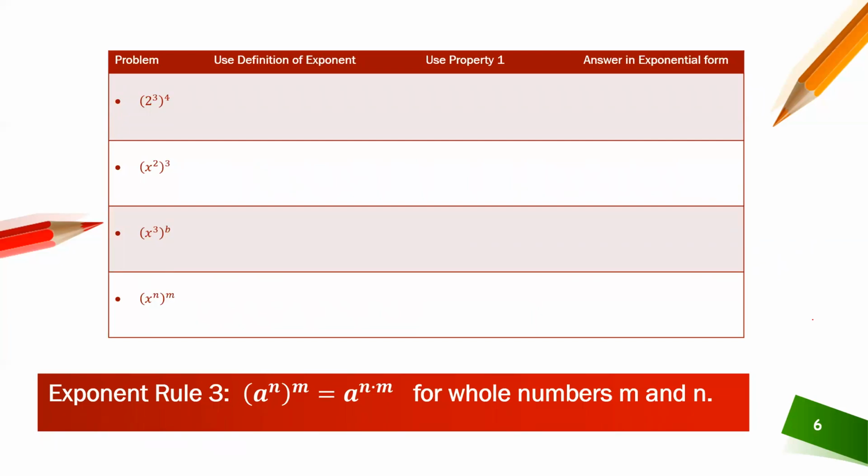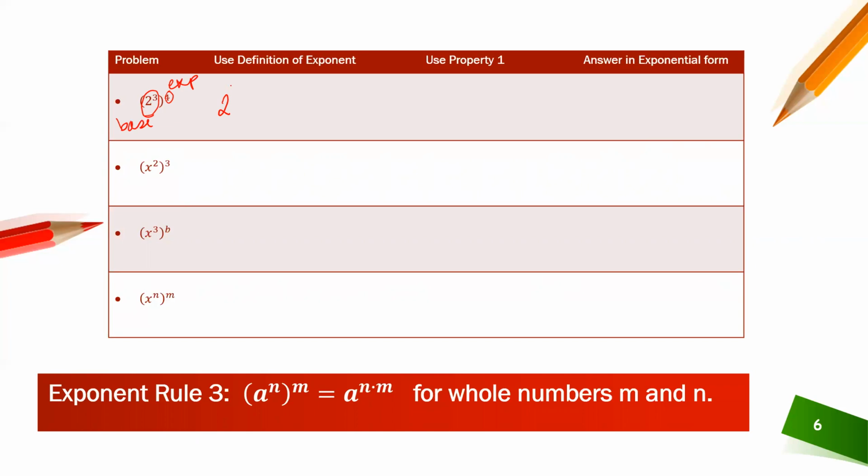If you have 2 to the 3rd power, and then all that raised to the 4th power, think about the definition of exponent. This 4 is the exponent, and this right here is my base, right?